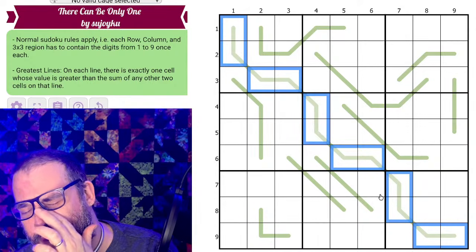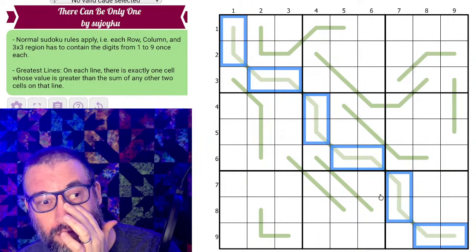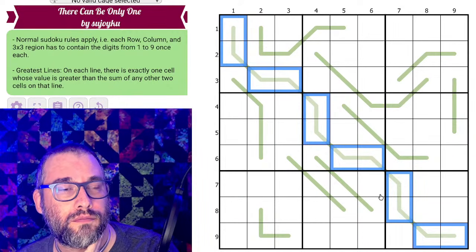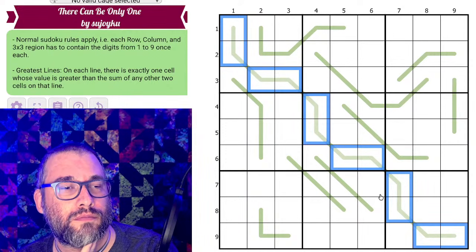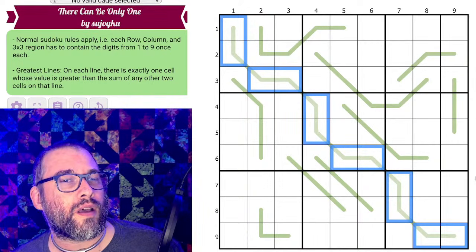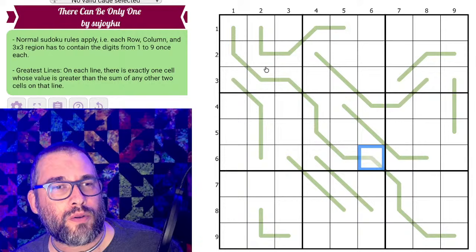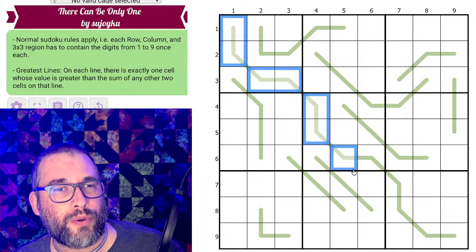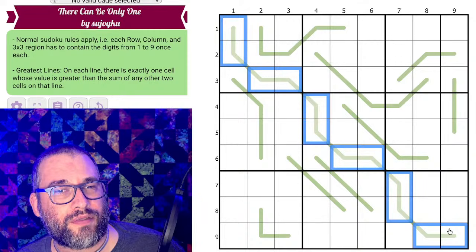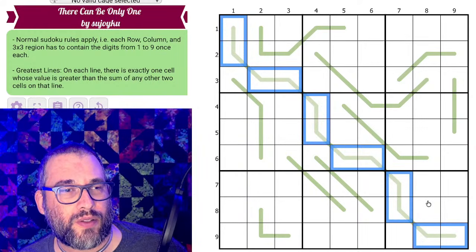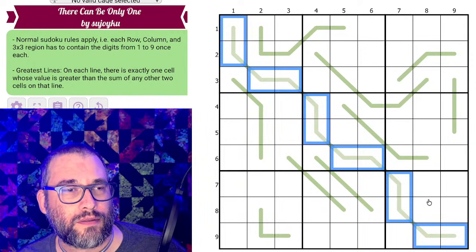You'd end up with a 4, 5. So two of these three boxes have to be 1, 2, 3, 4, and the other one is one of those digits substituted with 9.